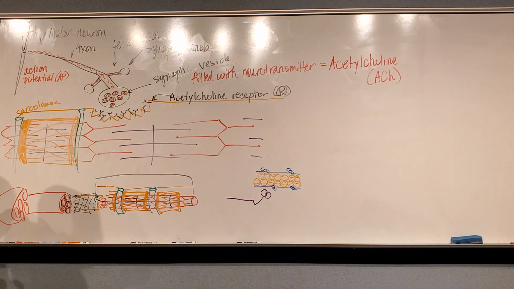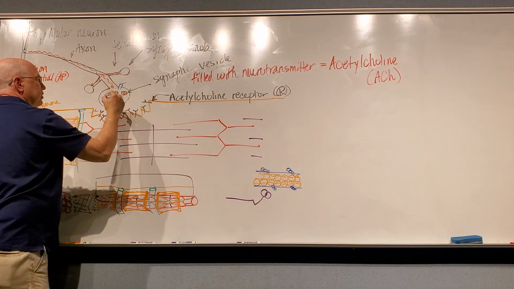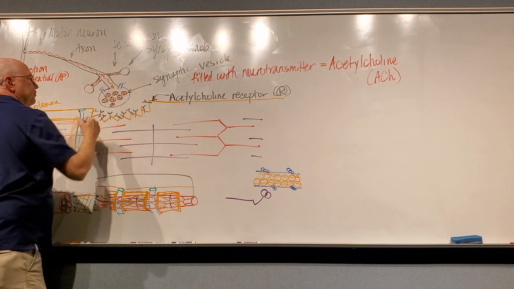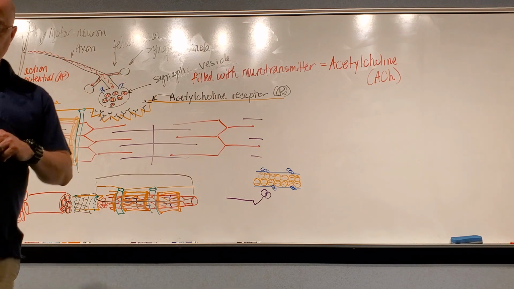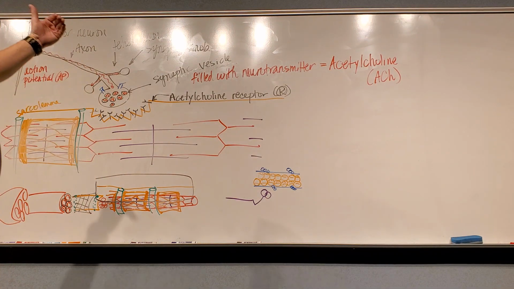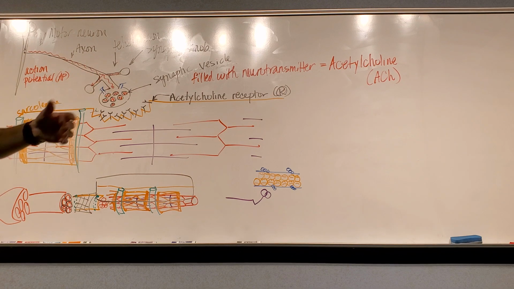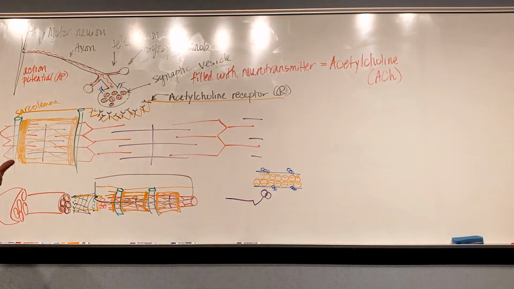One of the things we know about synaptic knobs is they have membrane proteins called calcium ion channels. Earlier in the semester, we talked about sodium channels, we talked about potassium channels, and we talked about how ions can flow into or out of the cell. And we talked about the sodium-potassium ion exchange pump.